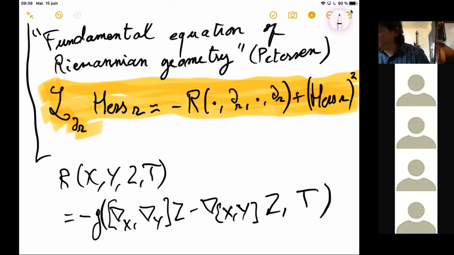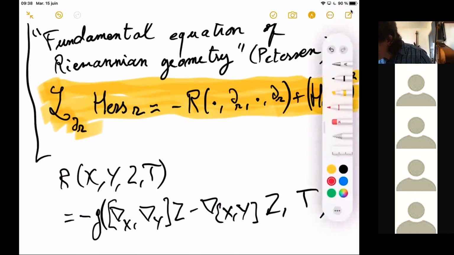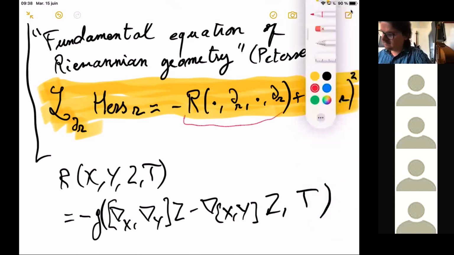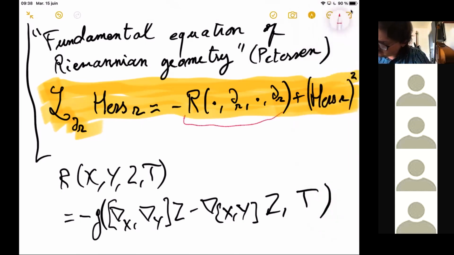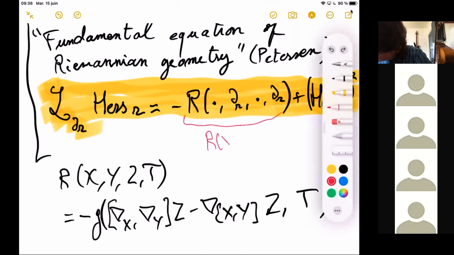What's important is that this is some sectional curvature.